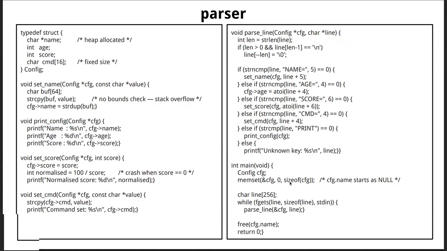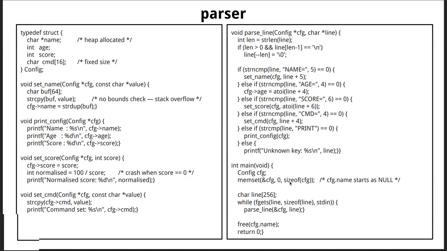Okay. There could be a null pointer dereference. The config itself may not be a valid address, right? It could be a null pointer, and also the name could be a null pointer.